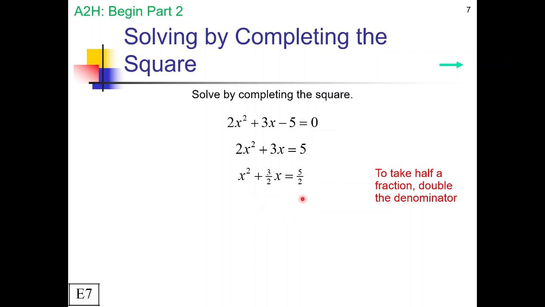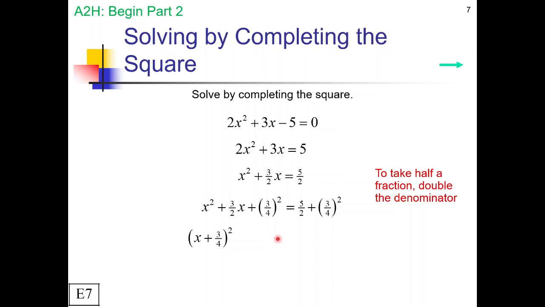All right, so my b value that I'm going to be squaring, doubling my denominator, that's going to be 3 over 4. So I've got 3/4 squared that I'm adding to both sides now. That looks like a bucket full of fun. So on the left side, factoring this, that's just going to be x plus 3 over 4, quantity squared.